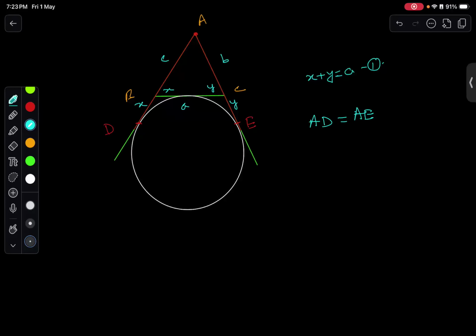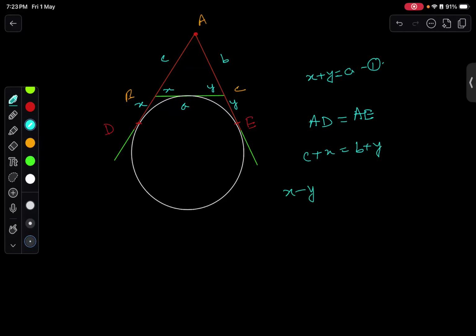If AD and AE are equal, so this is C plus X equal to B plus Y. C plus X is equal to B plus Y, and it was given X plus Y is equal to A. Now we have to find the values of X and Y.